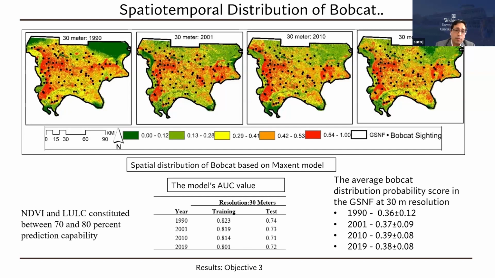Most of this distribution was explained by land use, land cover, and NDVI, around 70 to 80%, and others like precipitation and elevation also played a small role in prediction. I also used hiking trails as a barrier, but it had no role in the model.